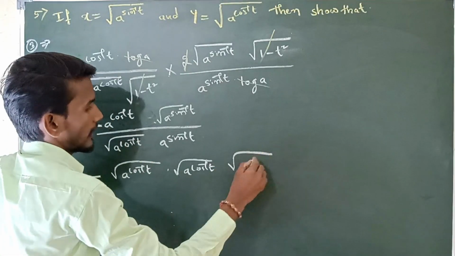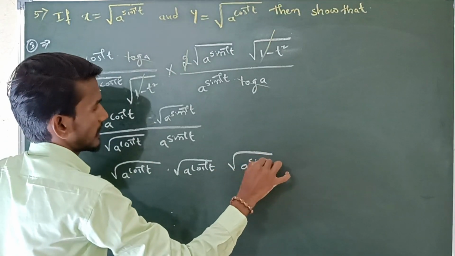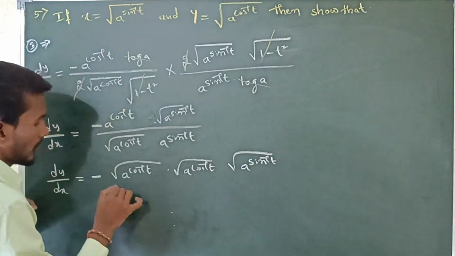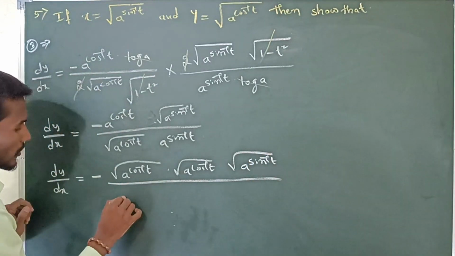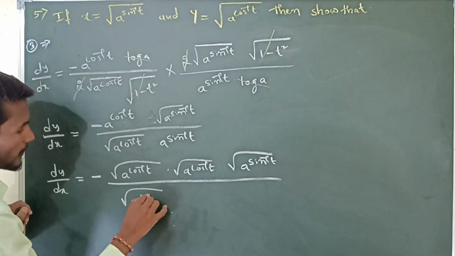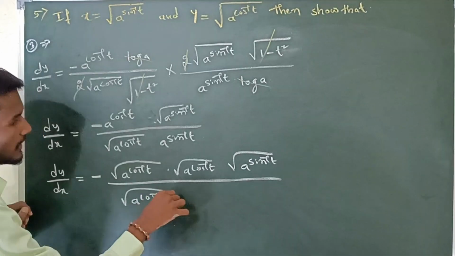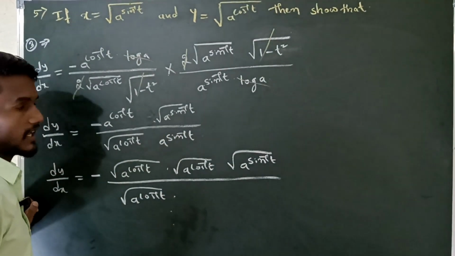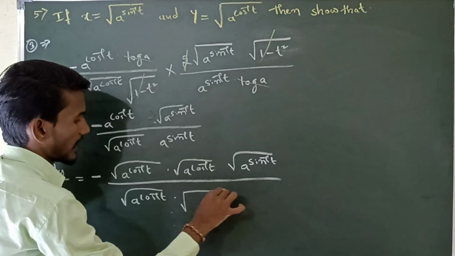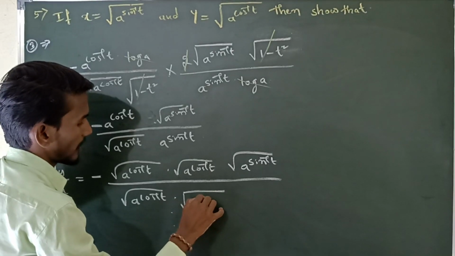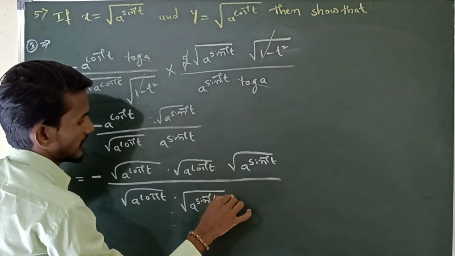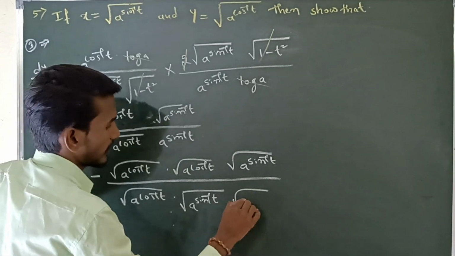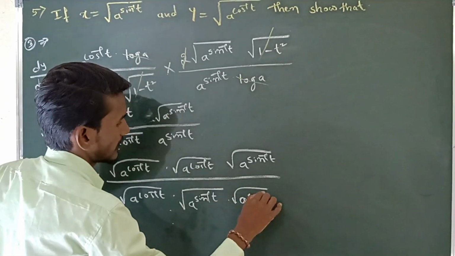Then I'll write a to the power sin inverse t, whole divided by root of a to the power cos inverse t into a to the power sin inverse t, it can be written as root of a to the power sin inverse t into root of a to the power sin inverse t.